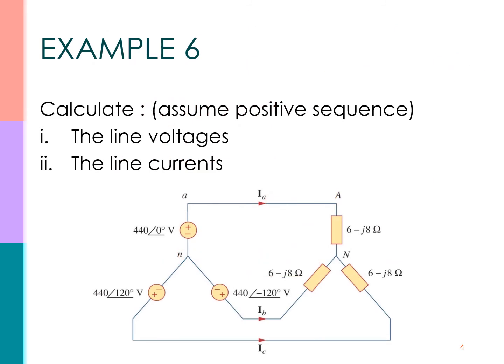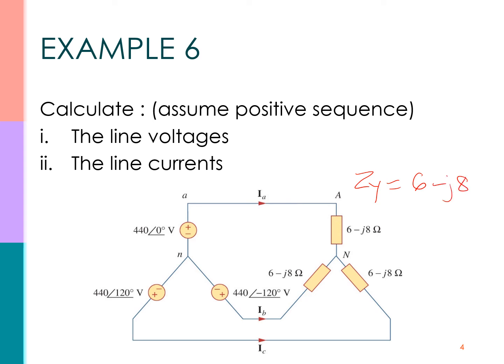We move to another example of a YY circuit. For this circuit, calculate the line voltage and line currents and assume a positive sequence. In this figure we just have a load impedance only, so ZY will be 6 minus J8.